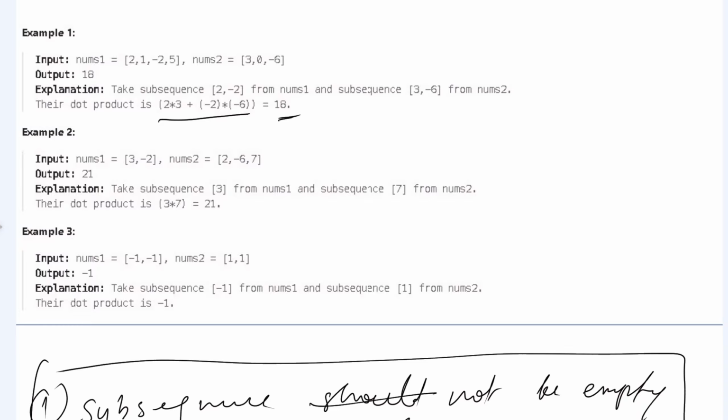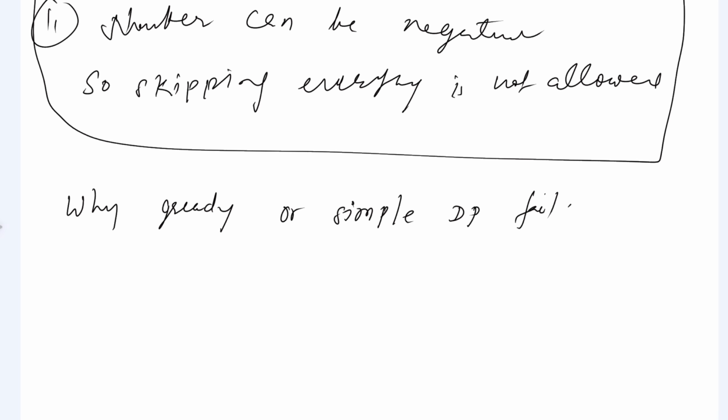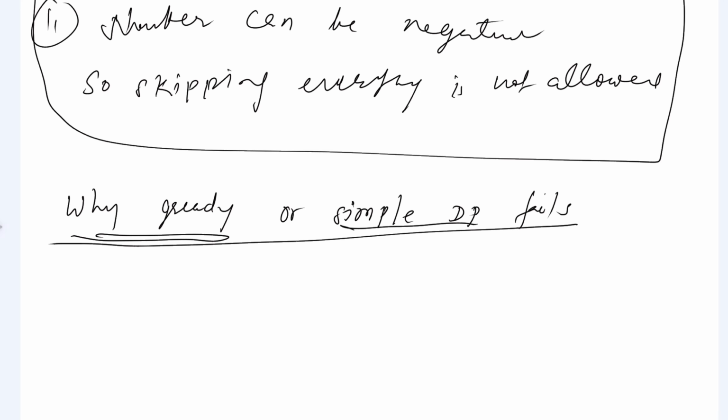If you apply greedy, what will happen? Why will greedy or simple DP fail? That is the very first thing we should understand.